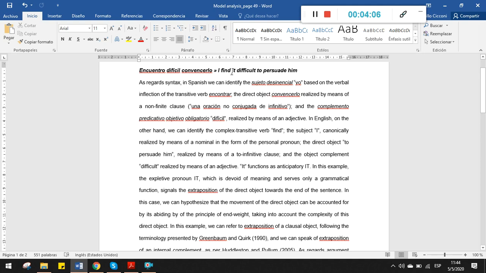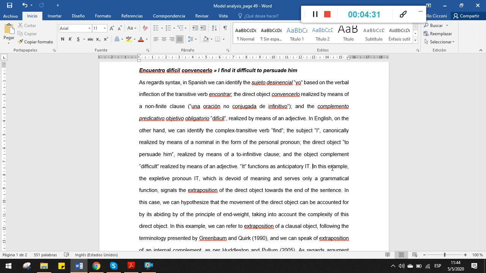It here, this "it," functions as anticipatory it. In this example, the expletive pronoun it, which is devoid of meaning and serves only a grammatical function, signals the extraposition of the direct object towards the end of the sentence.